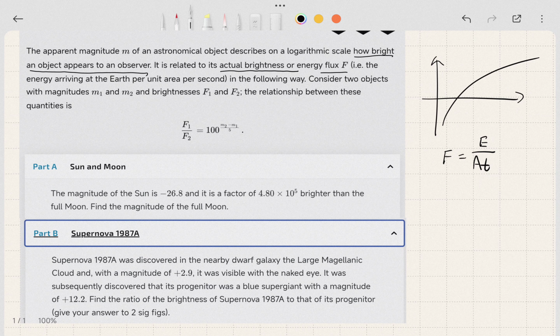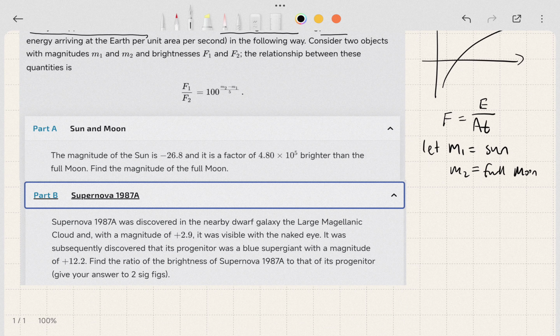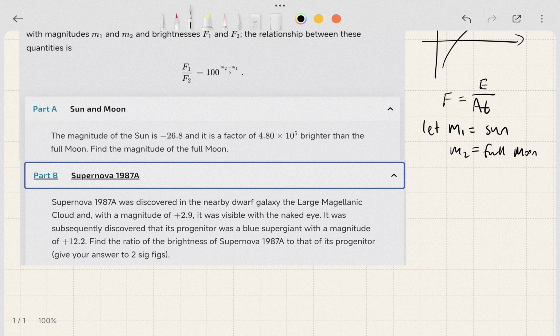So let m1 be the magnitude of the sun, m2 equals the magnitude of the full moon. f1 is 4.8 times 10 to the power 5 brighter than the moon.